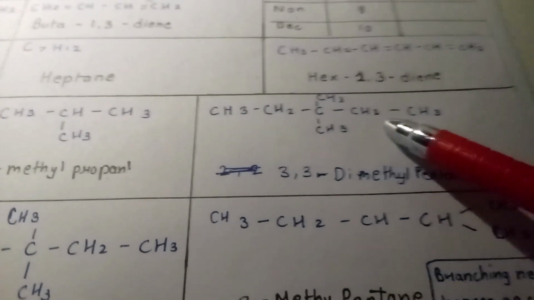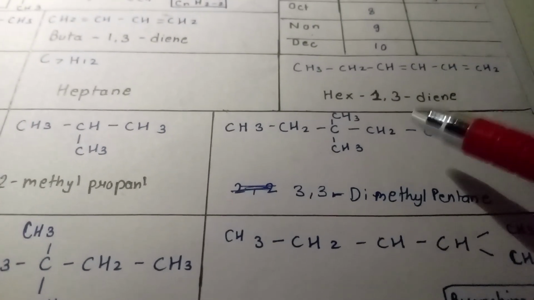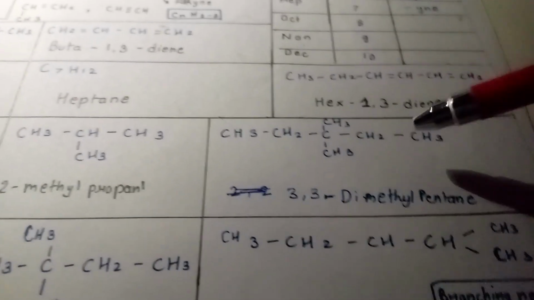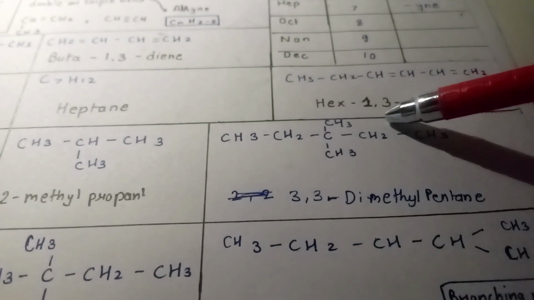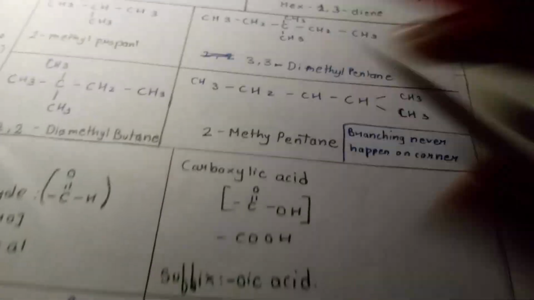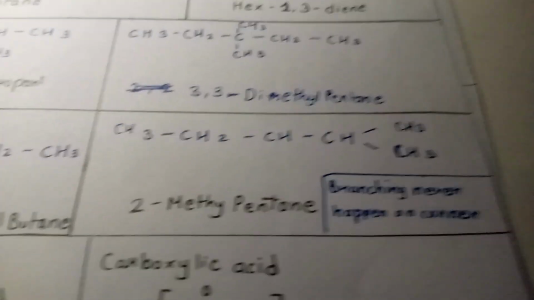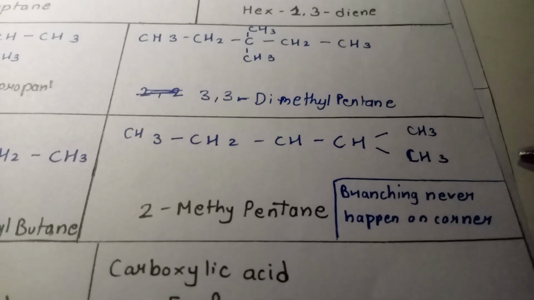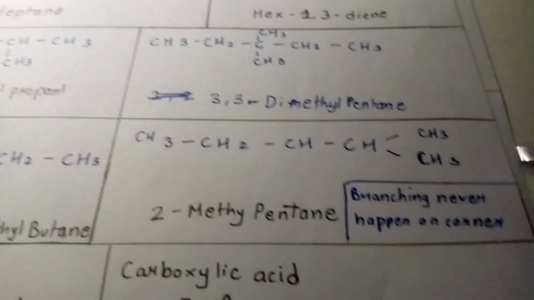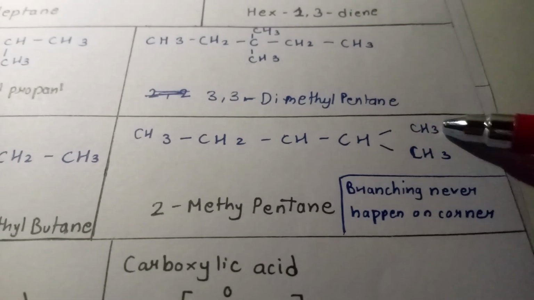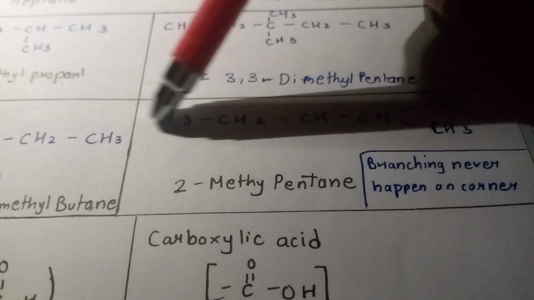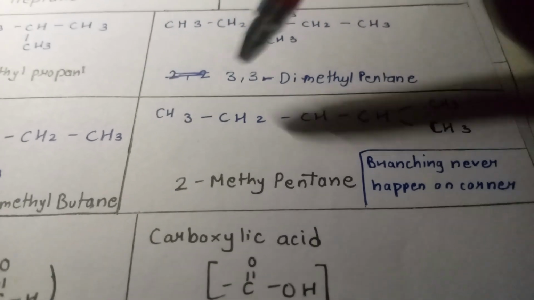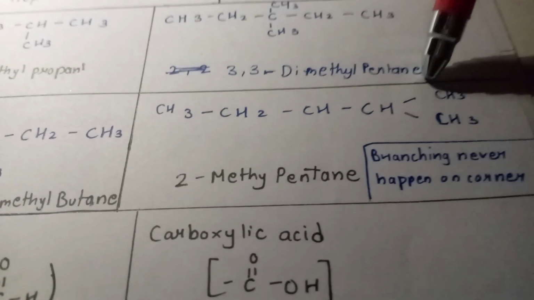But if there was a double bond here or here, then you would start the naming from here, not here. Wherever the double bond is, we will start the naming from there. Next up is this CH3, CH2, CH, CH, CH3, CH3. Now because it has two double bonds, we have to choose either this way from this down, or from this to up, this way.